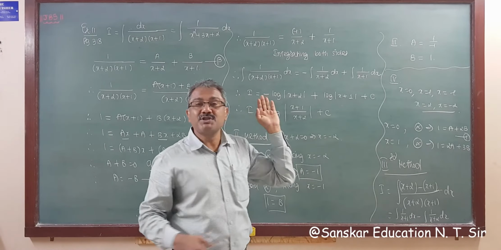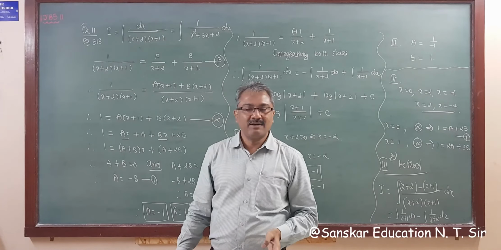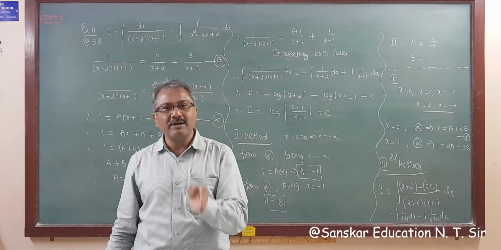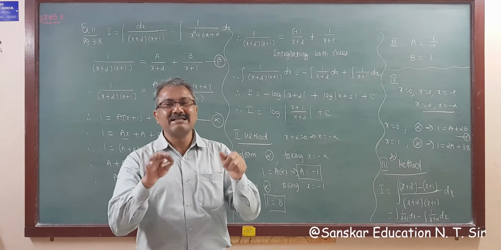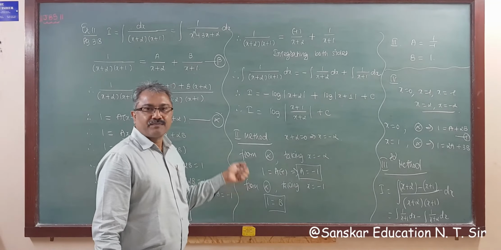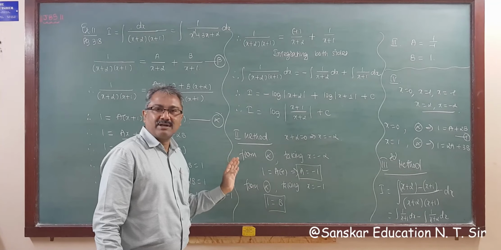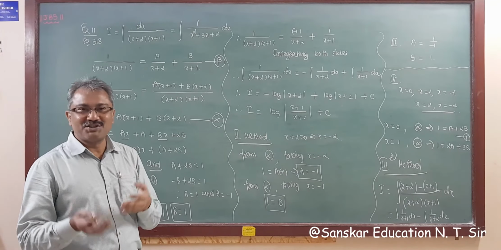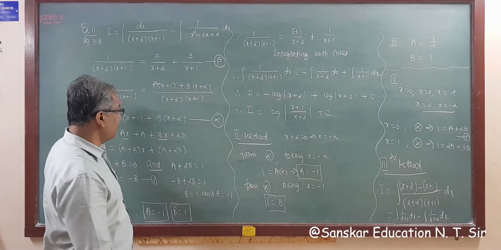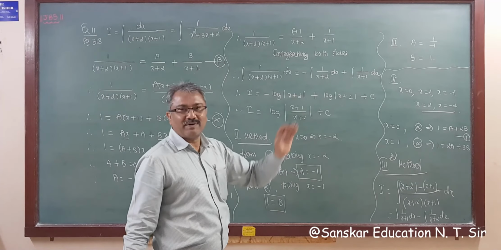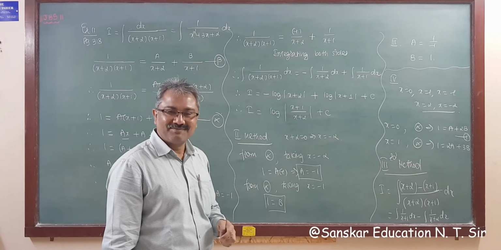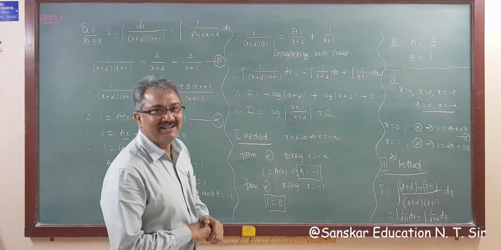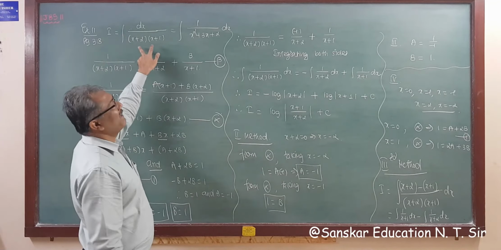So this is for MCQ type questions, when a linear non-repeated root is given. See, one example, one question, and lots of methods: four methods for finding constants, or only the one partial fraction method.